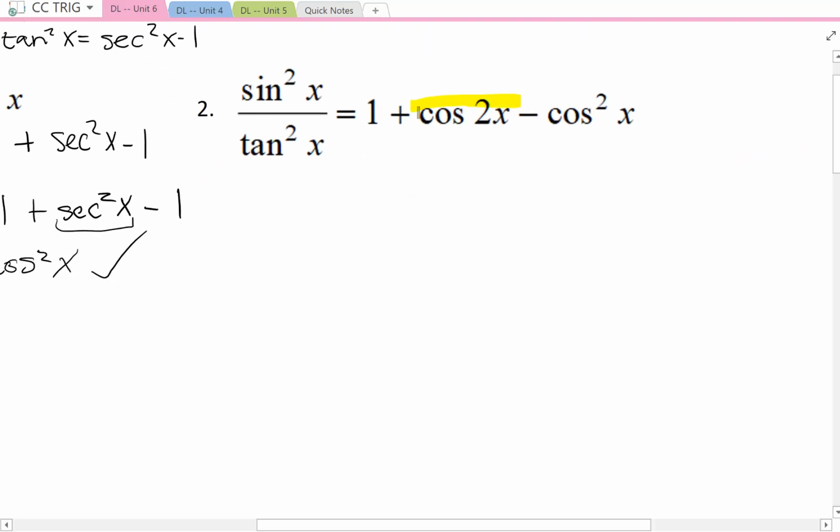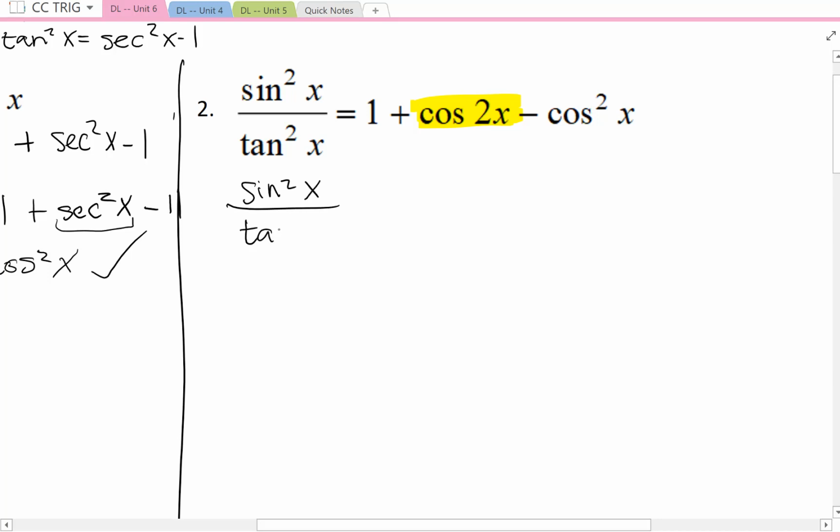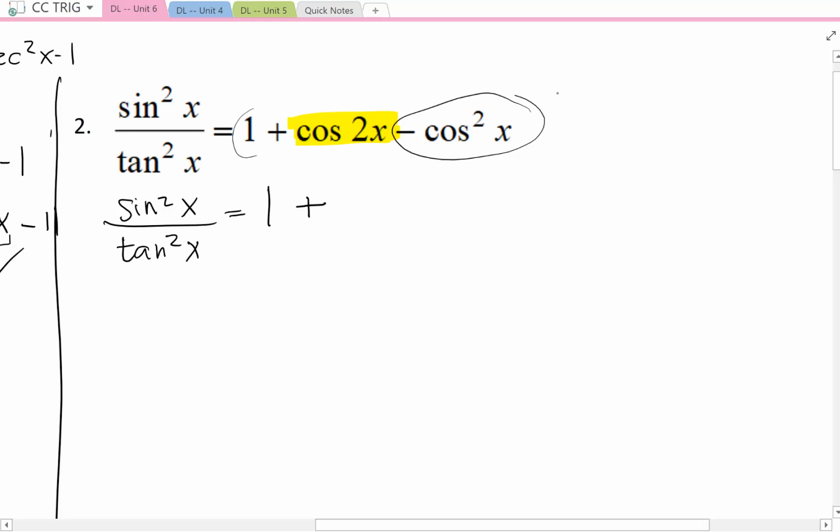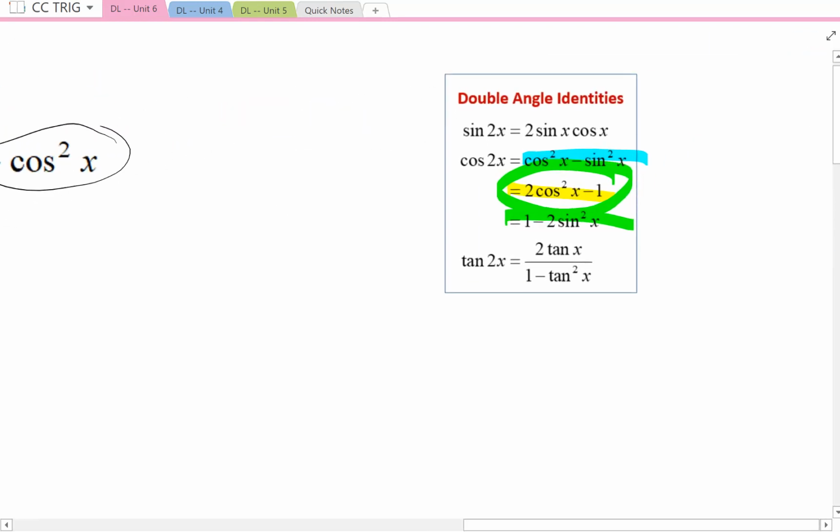Let's try this one. Again, I'm going to expand the double angle. It's not a surefire way to be the easiest, but that's kind of my method for now. So the left side will not be touched at all. We will just write it as it is in every single step. But the right side, we have 1 plus, now I'm not exactly sure which cosine formula to use, so I'm going to look around this and see that there's a positive 1 and a negative cosine squared x.